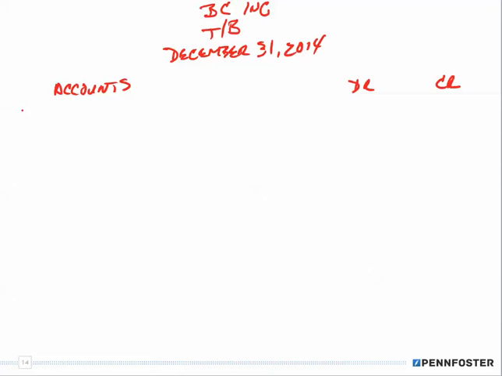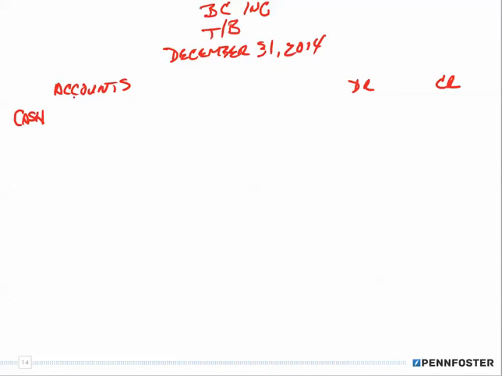So our first accounts that we're going to list are our asset accounts. We start out with cash. When you're creating your chart of accounts, when it comes to assets and liabilities, you list them in the order of what's called liquidity. In other words, how quickly you can convert your assets to cash, or how quickly you can pay off your liabilities with cash.